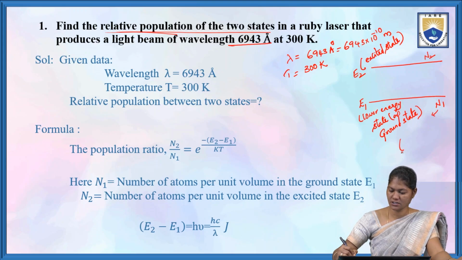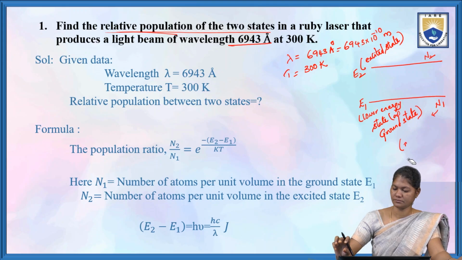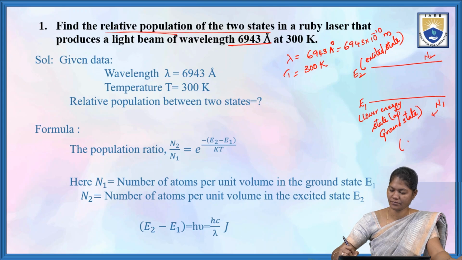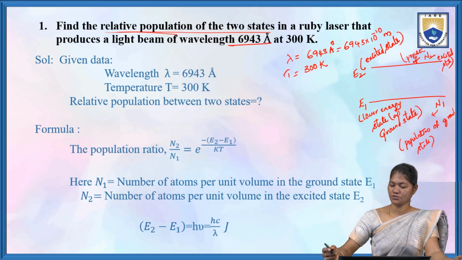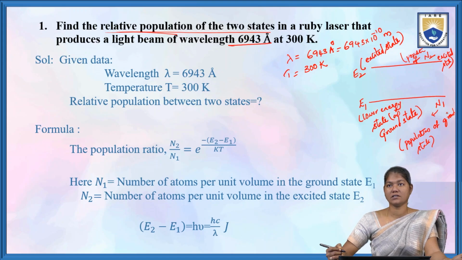So let N1 be the number of atoms per unit volume in the ground state, and N2 the number of atoms per unit volume in the excited state.